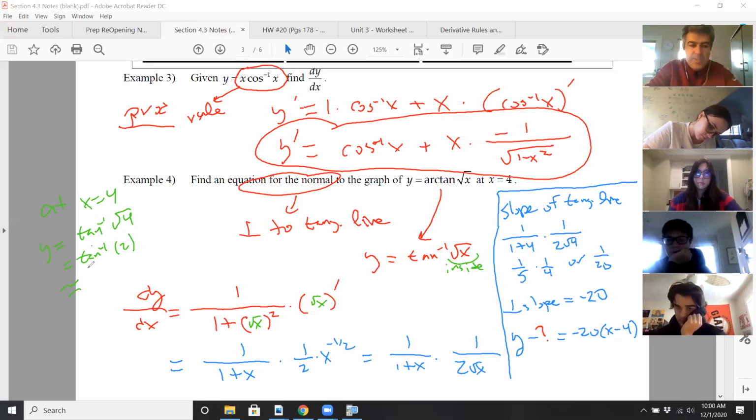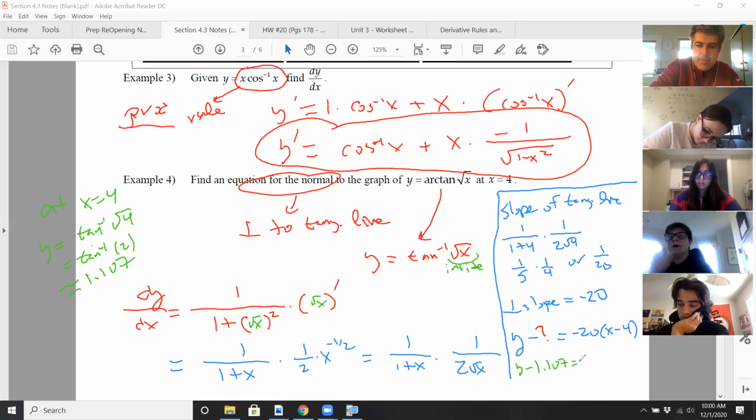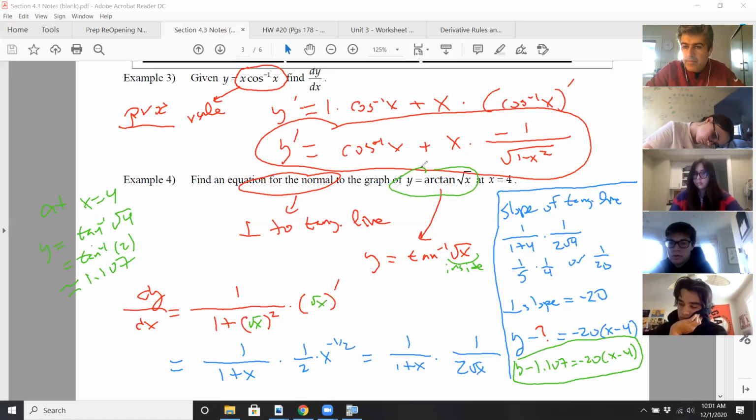You'll need to use one of these guys. Make sure you're in radian mode, very important. You get 1.107. So that's what I'll put right here. y minus 1.107 equals -20 times x minus 4. And you can actually check your work. You could just graph this in Desmos, graph your normal line, and it should look like it touches at x equals 4 and that it's perpendicular to whatever tangent line you would have there. So you can always use Desmos to check your work too.